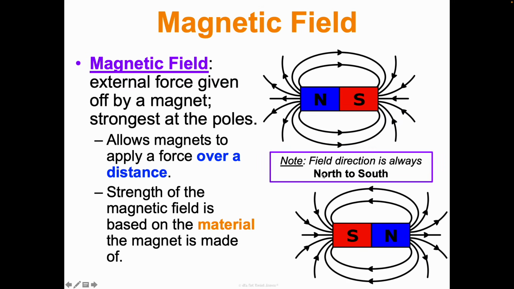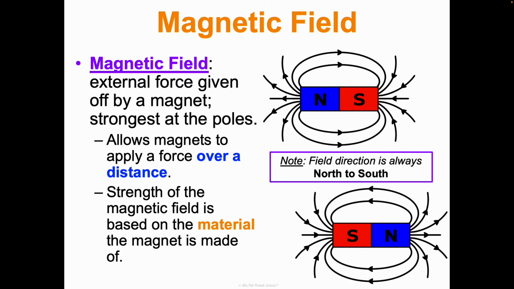Field direction: you'll see how these pictures of magnetic fields are drawn. It's always north to south. So notice these arrows are going out of the north side towards the south, out of the north side towards the south. Same with over here, out of the north towards the south. We're always going to see that. Okay, so again, if you have a stronger magnetic field, you're going to have a stronger force, and you can apply that force to different things.